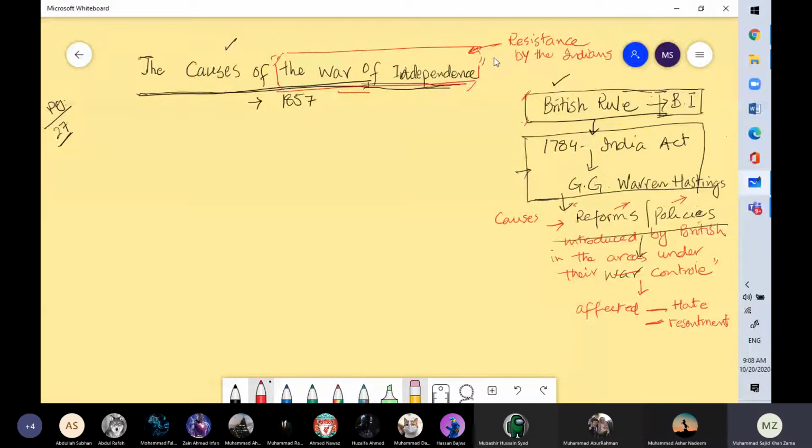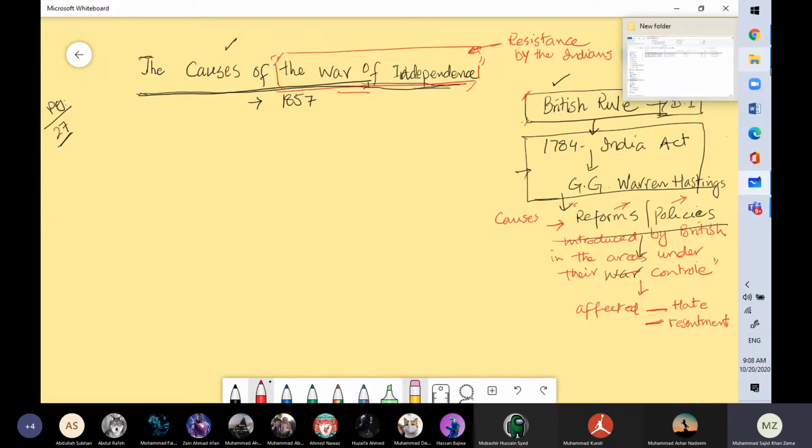Yes, Tipu Sultan, thank you very much. Tipu resisted. Nawab Sirajuddaula, we discussed those wars already. Sir, did Titu Mir also oppose? Yes, Tipu, Titu Mir, Sikhs, Marathas. So those were all resistance to the British against their occupation of India.